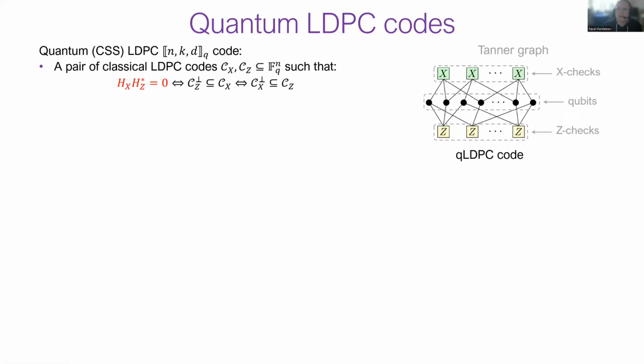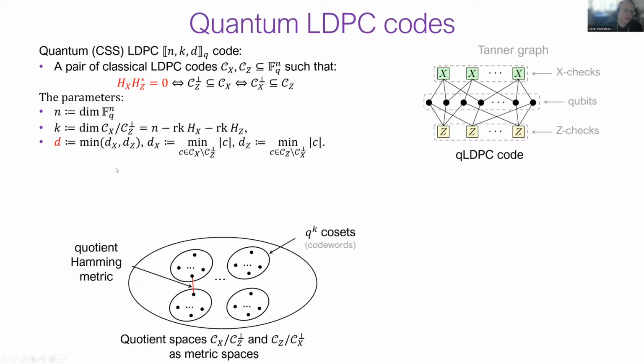One usually represents a quantum LDPC code by its Tanner graph. Here we have three parts: two parts for Z checks and X checks, and one middle part for qubits. They have parameters similar to the classical counterpart. We have the number of qubits, which is the length of the code, and we also have the dimension, which is just the dimension of this quotient space.